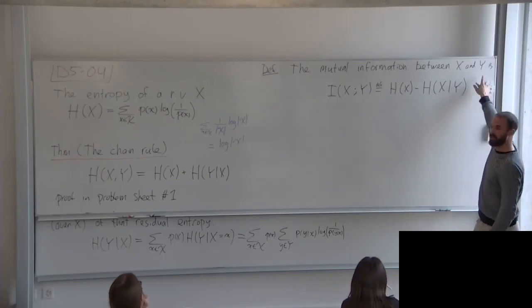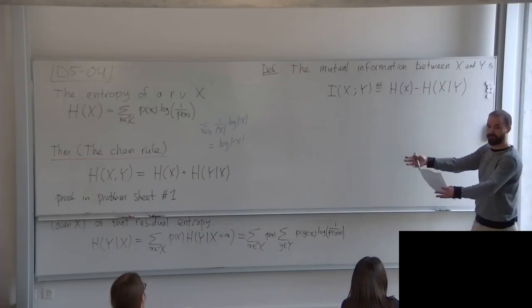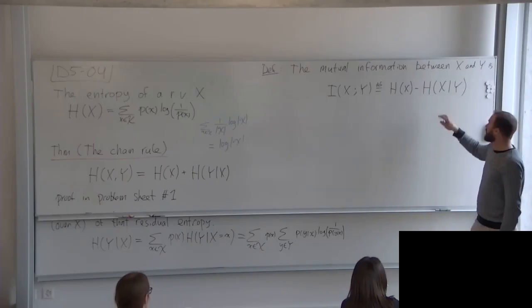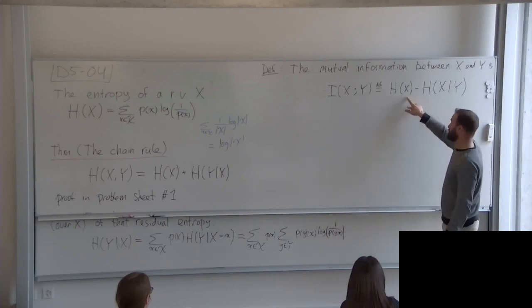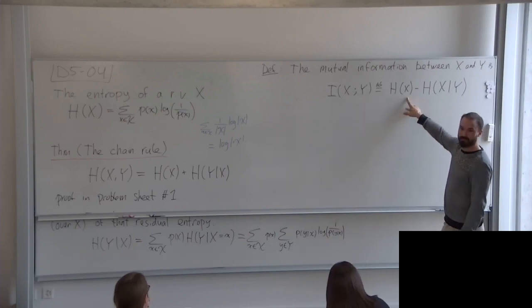We've seen that this term will vanish, because if you know y, there's no uncertainty left in guessing what x is. Then this thing is going to be large, as large as the entropy of x.